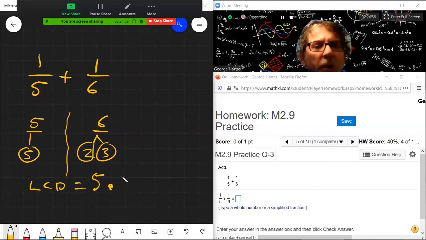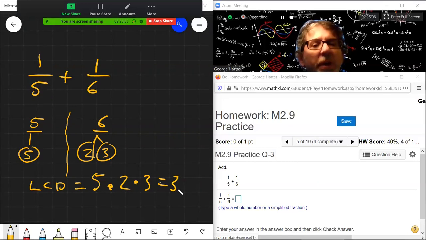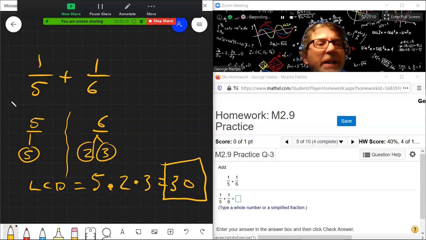There are more 2's here. That comes down. 1 3 here, no 3's here. More 3's here. That comes down. 5 times 2 is 10, times 3 is 30. And also you can tell from the fact that this is a prime number, and this has the prime numbers of 2 and 3. If there's nothing common between them, multiply them out. 5 times 6 is 30. LCD is 30.